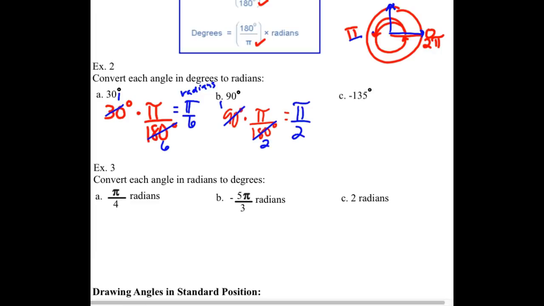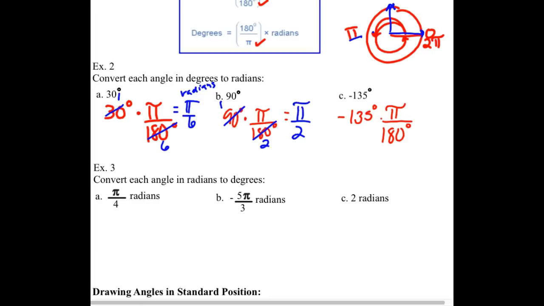Okay. How about negative 135? What goes into 135 and 180? Something bigger than 5. Something bigger than 15. 45. 45 goes into both.